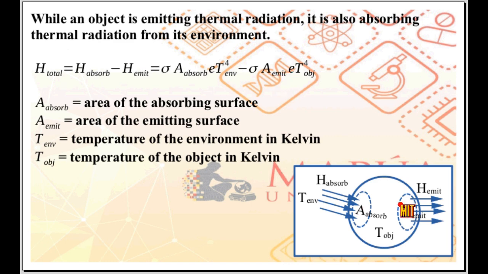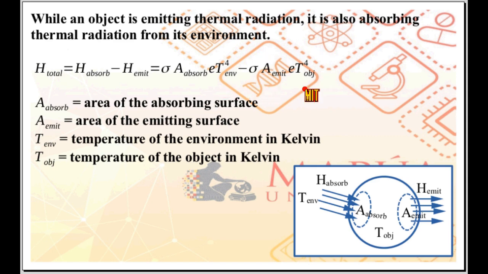A emit is the area of the emitting surface. Whatever part of the object is emitting, the surface area of that part, that's A emit. And T is temperature of the object in Kelvin. And don't forget the fourth power. So sigma A emit E T object to the fourth power.